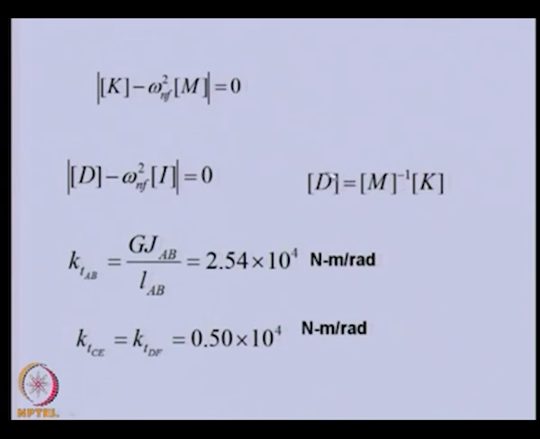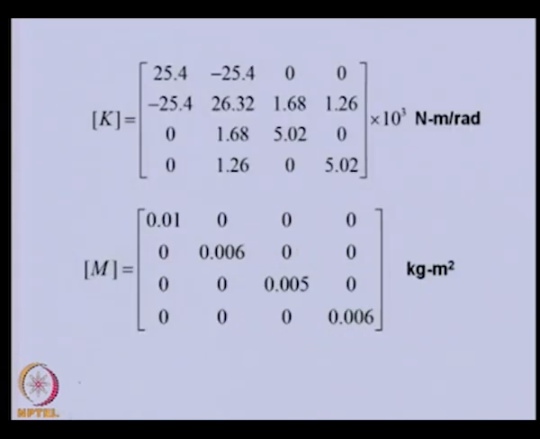So if we obtain the eigenvalues of D, we can get the natural frequencies and the mode shapes also. For the given data, various stiffness terms we can calculate, and this is the stiffness matrix and this is the mass matrix corresponding to the various properties of the branch system.